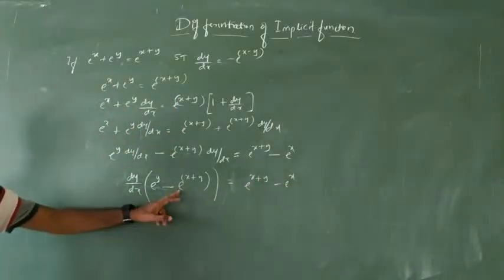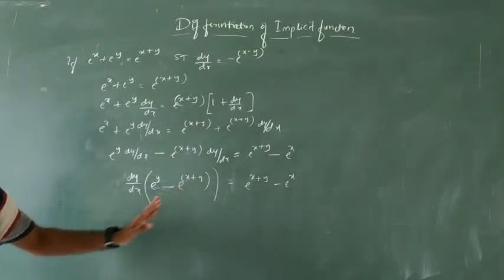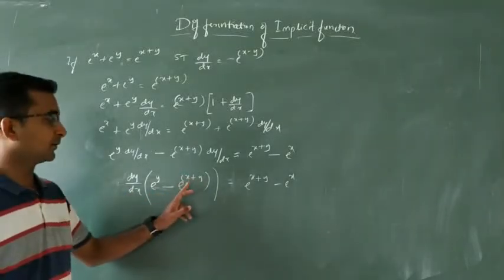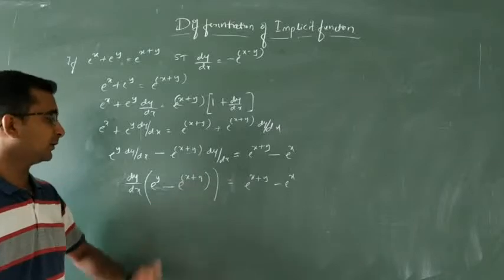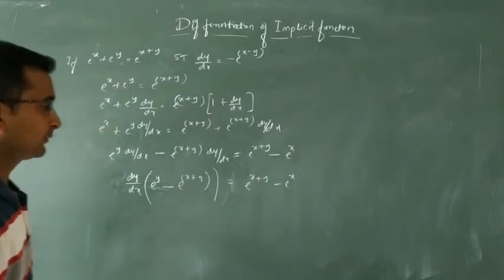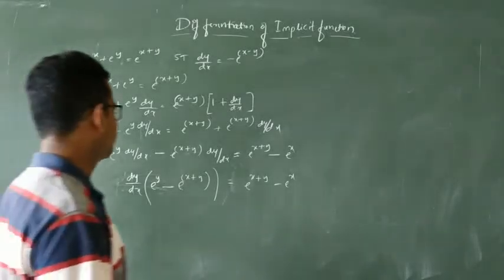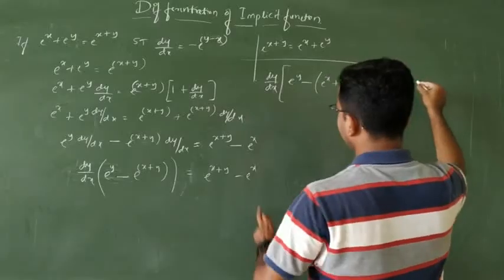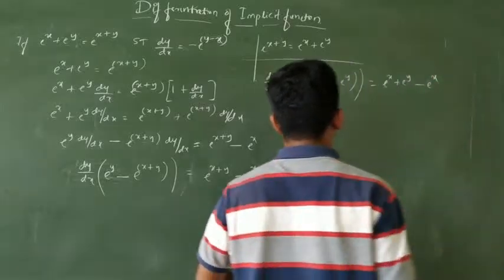Now, if the bases are same, the powers get added, so it becomes e raised to x into e raised to y. Getting? Therefore, here e raised to y minus e raised to x.